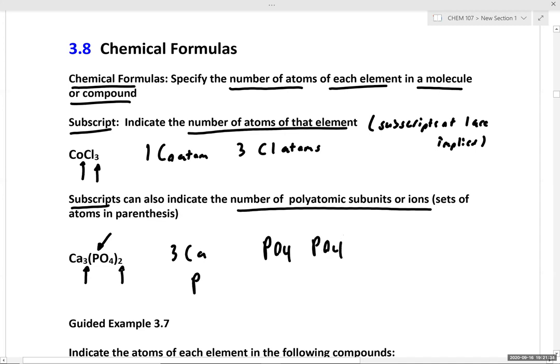So how many total phosphorus atoms do I have? 2. Yep. And likewise, I have 8 oxygen atoms in total. 4 plus 4 gives us 8. Does that make sense to everyone? So the subscripts indicate the number of atoms or polyatomic subunits.